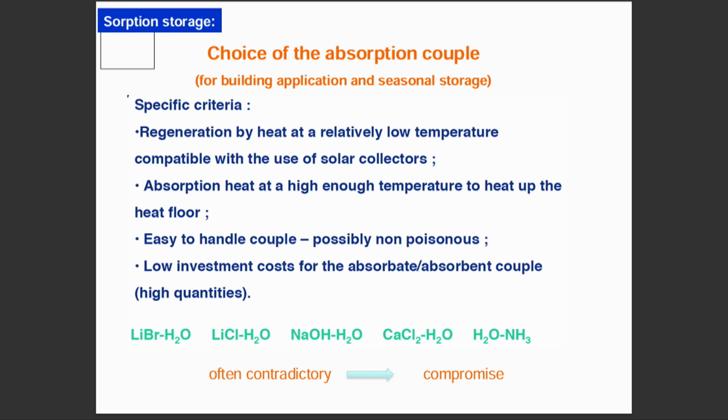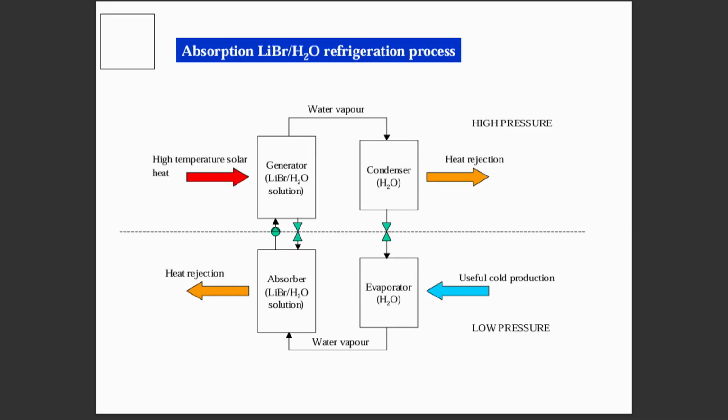Aging of the materials has to be taken into consideration. This is a classical way to store. Okay, we have already seen that for cooling systems. It is the same, the same element. It's like an absorption machine.